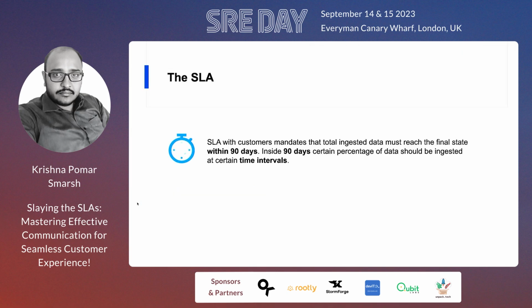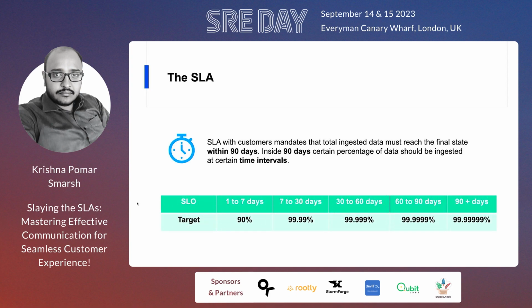Now let's see what the SLA is. We agree with the customer that all the data that gets ingested should be archived within 90 days. When I say archived, that means it should be available in the UI for the customer. We also have further time intervals where we expect the data to be archived. The SLA says that for any data we receive within 1 to 7 days, 90% of the data should be archived.